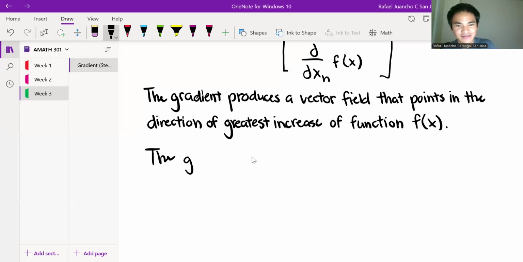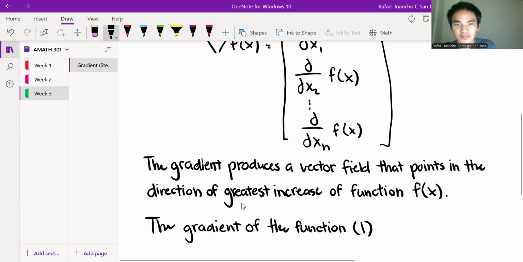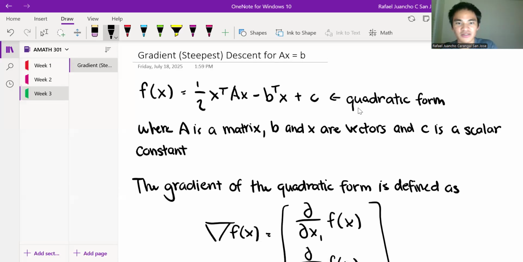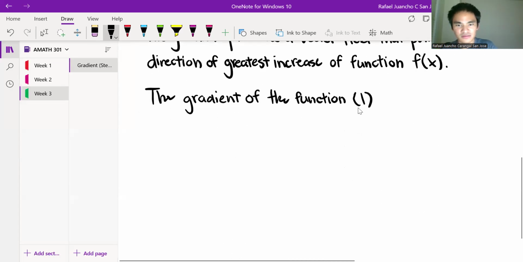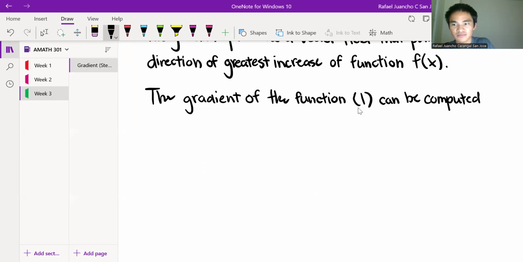The gradient of the function from here, the quadratic form, can be computed easily. So here's the notation for that. There's a triangle there that signifies we're getting the gradient.